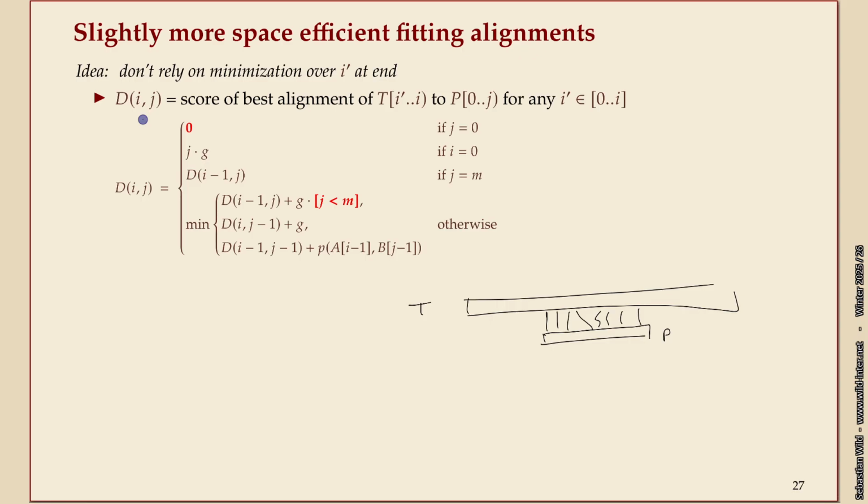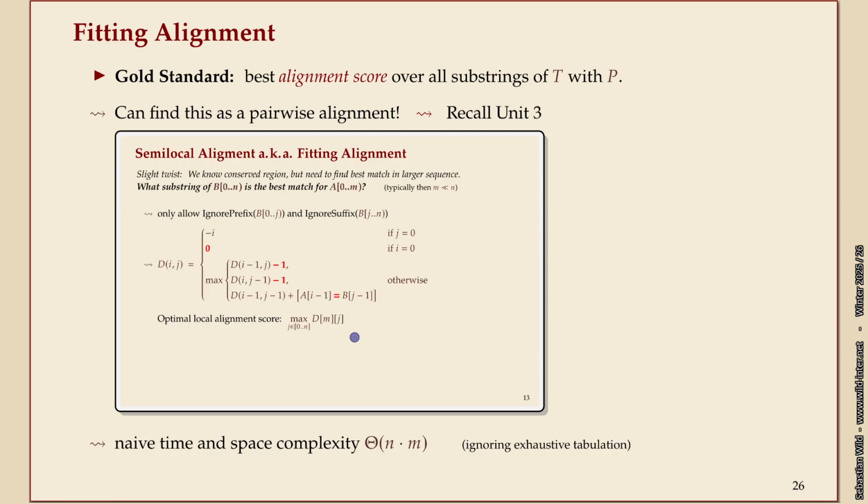We can slightly rewrite the recursion. The difference from the original one is that here I'm allowing at every point to start a new alignment. That's why this is 0 if, okay, it's the other way around.